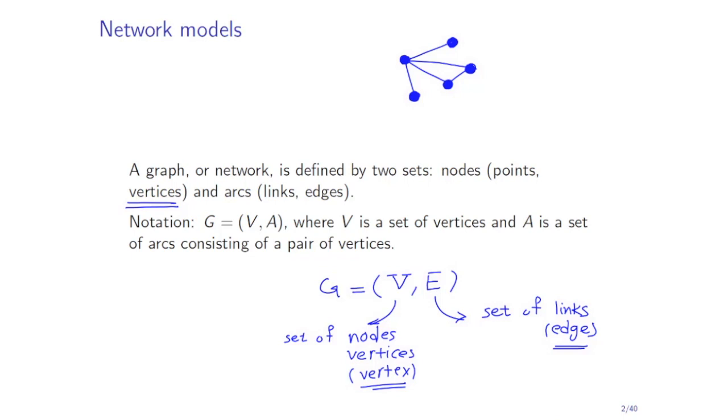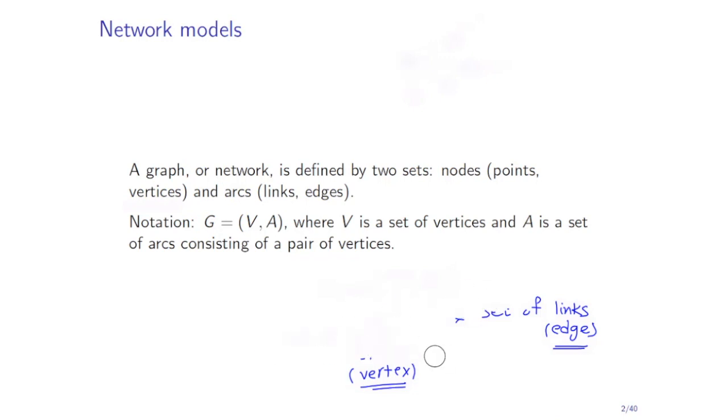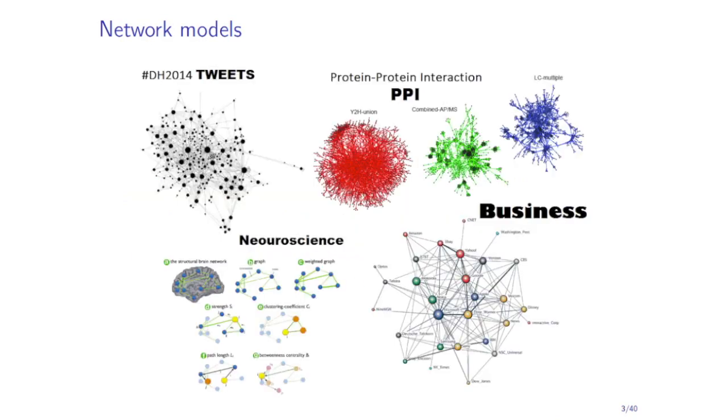So from now on, every time that I say a vertex, I am referring to these objects, and every time that I say an edge, I am referring to the links. Okay? As I said, graphs are very powerful models, and in real life there are numerous examples of systems that are modeled using graphs. These are a few examples.